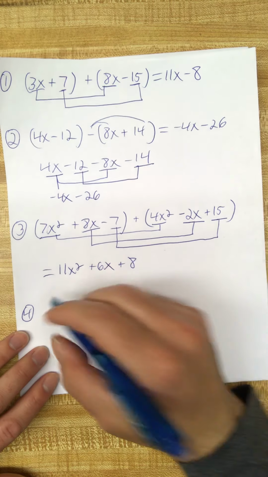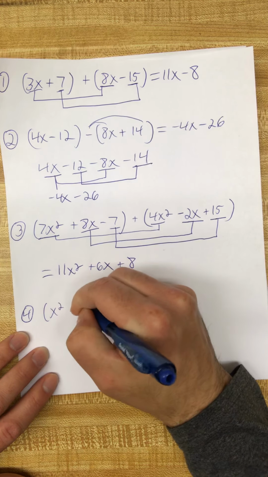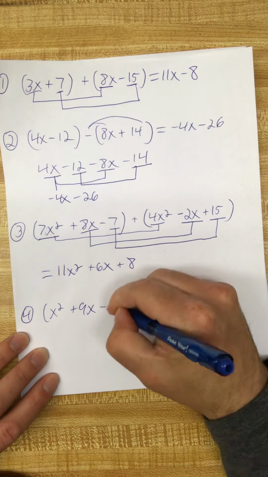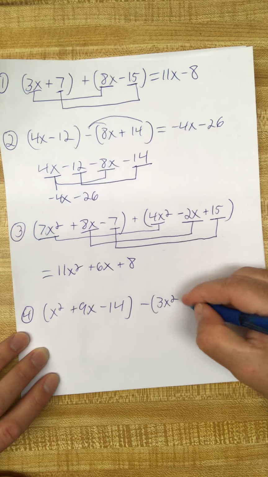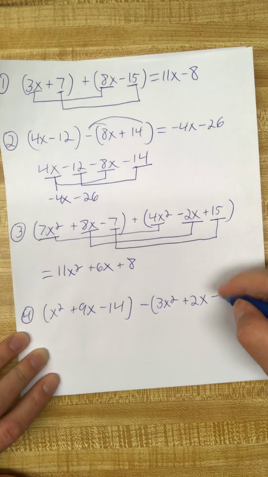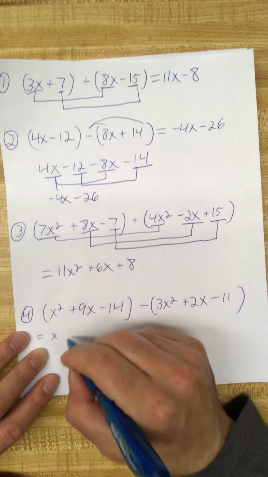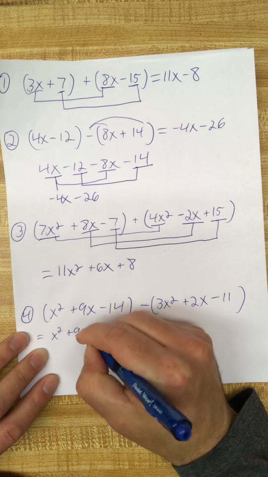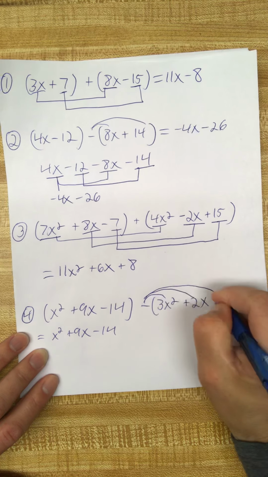And one more here, if it's subtraction, remember, you got to distribute. That's the big thing to remember on your subtraction here. So let's go with like x squared plus 9x minus 14 minus 3x squared plus 2x minus 11. So again, my first trinomial is going to stay the same. You can drop your parentheses here.